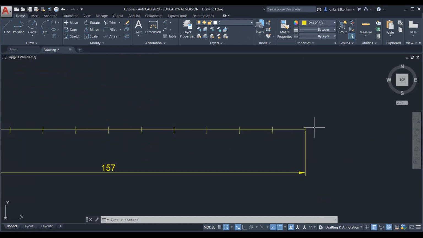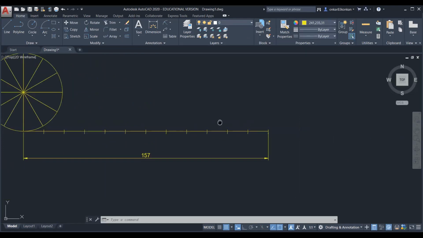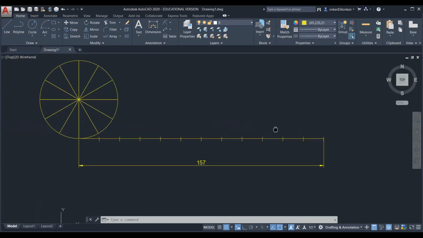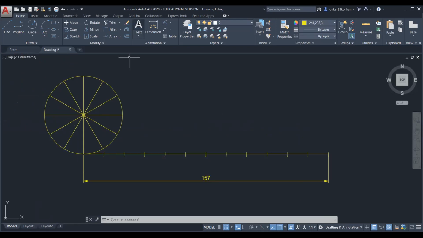Here, this is the last division. Then you should give the names.